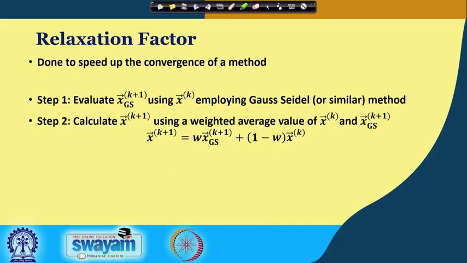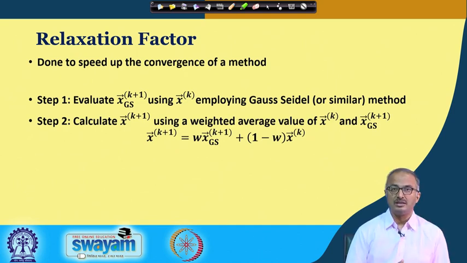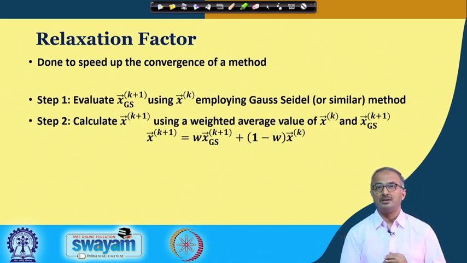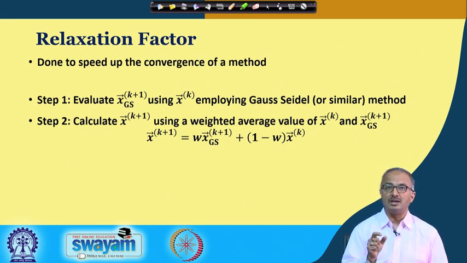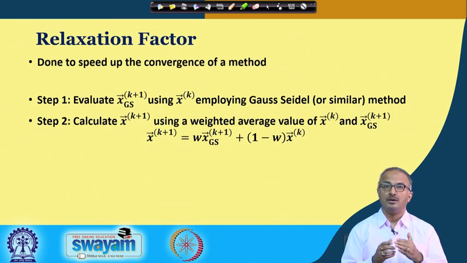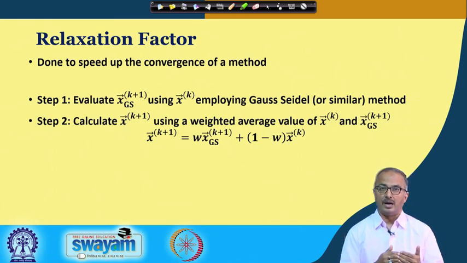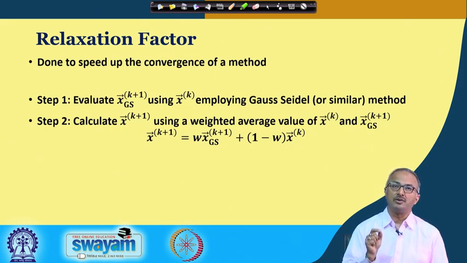One more thing sometimes researchers do is find the best solution by optimization of the reduction factor. You see how much error you are getting between the previous iteration and the present iteration, and you try to minimize this error by optimizing the value of the reduction factor.